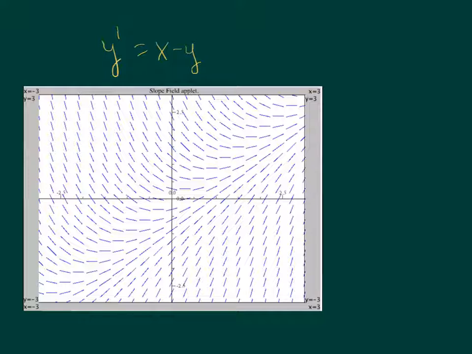Another thing that seems to be happening here is that there is this one solution that is linear. It looks like it's got a slope of 1, and it looks like it goes through the coordinate 0, negative 1. So it looks like y equals x minus 1 is one solution to this differential equation. And what I've done is I've plotted a few possible solutions onto this slope field.